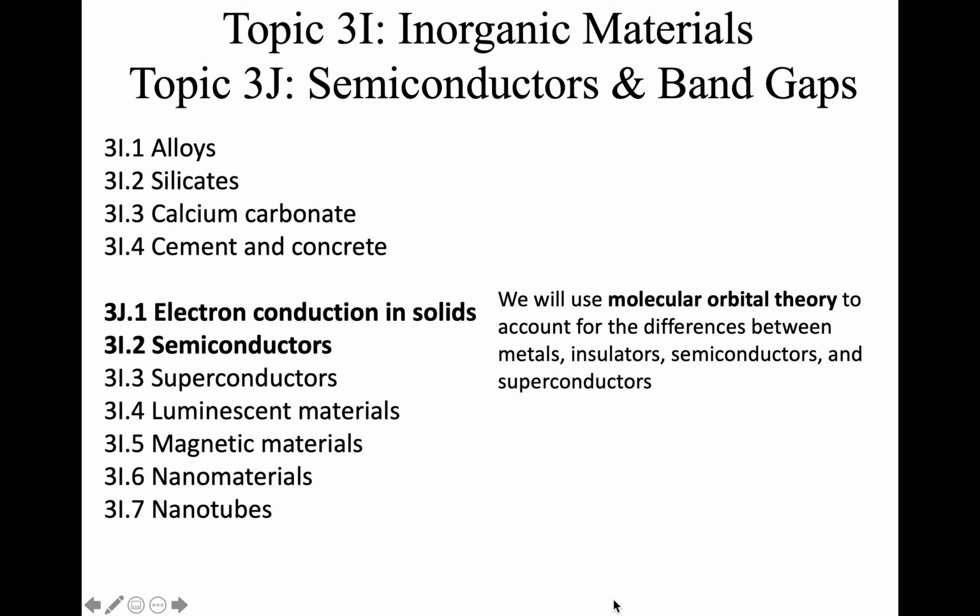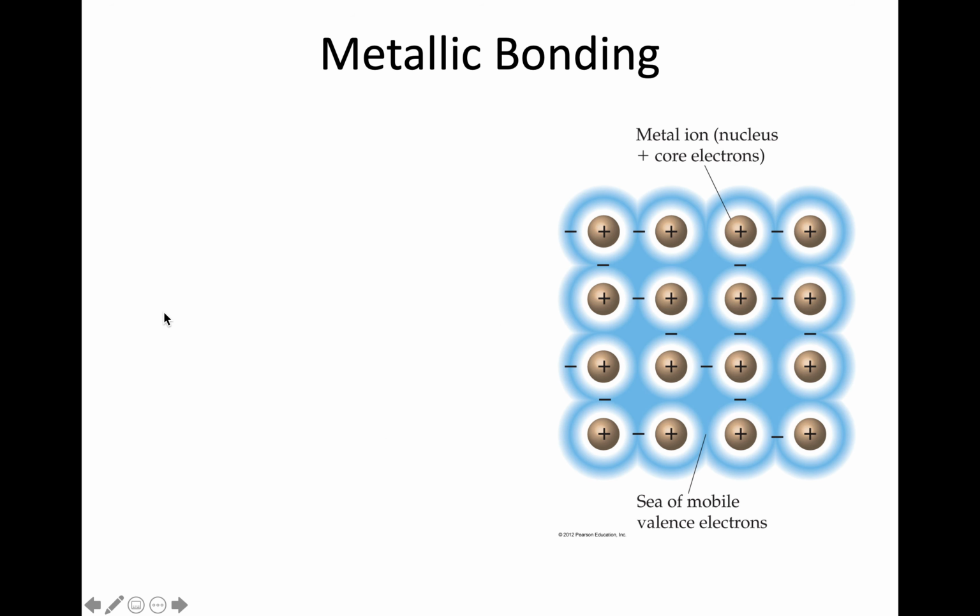Looking then just really briefly to get started on this one, this will give us some insights of where we're going to be going. In terms of the bonding that we have in metals, an initial model would be a sea of electron picture. We know that metals have low ionization energy, so let's envision them as having lost their electrons.